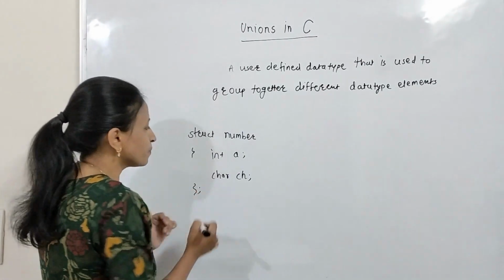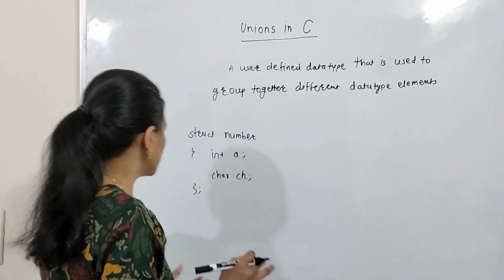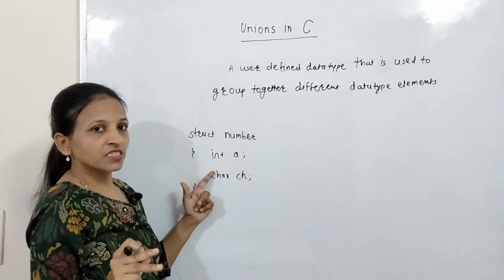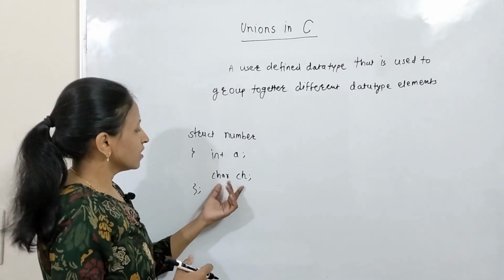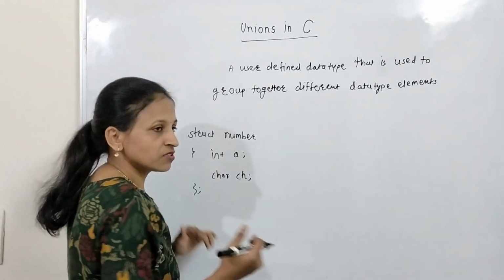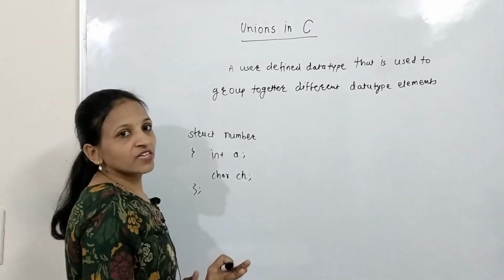Here the space allocation for one variable of that structure will be like this. For an integer variable it will take 2 bytes. Here I am considering a 16-bit system. If it is 32-bit, then consider 4 bytes. And then for one character, 1 byte. That's why total how much space will get allocated for this? 2 plus 1, 3 bytes will get allocated.